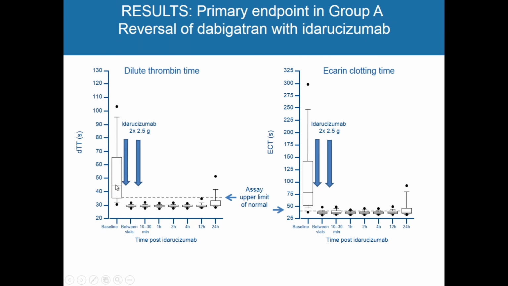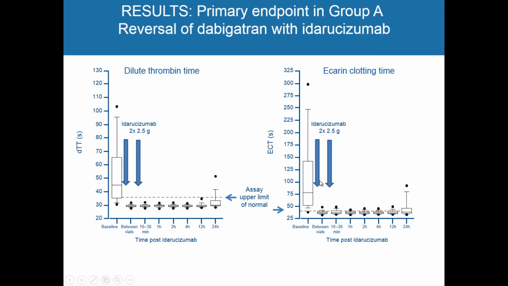Here is the mean dilute thrombin time, and after administration of idarucizumab, you can see that it reverts to below the upper limit of the normal assay for dilute thrombin time. Similarly, the mean ecarin clotting time was here with this wide splay as seen in patients who present in the real world.